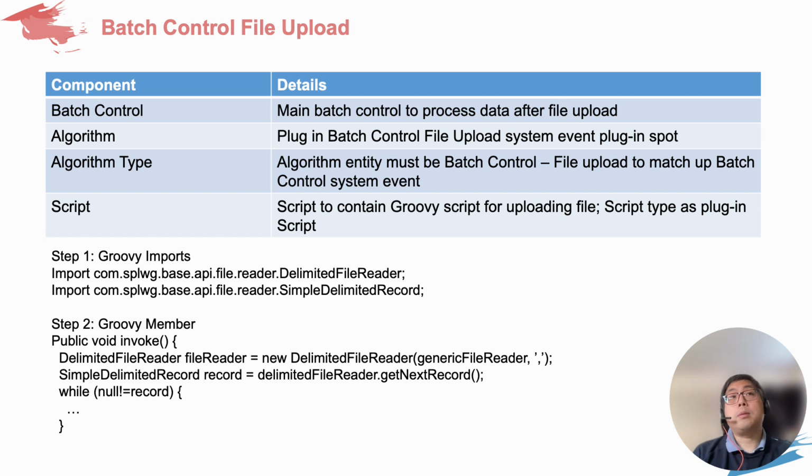So in this case, you need to create a batch control. You need to create an algorithm based on an algorithm type. The algorithm must be plugged into the batch control file upload system event, and the algorithm type and the algorithm entity must be batch control file upload to match the batch control system event.